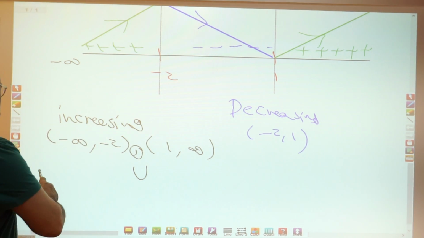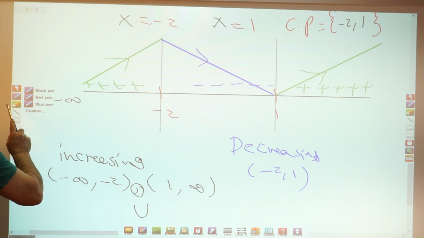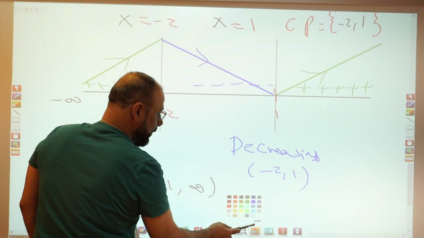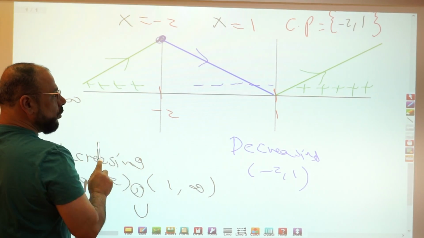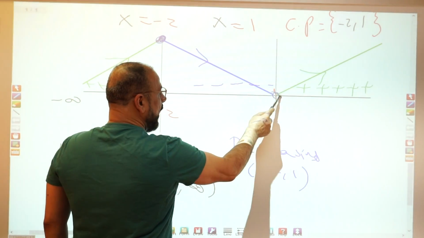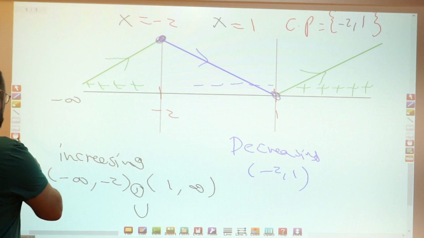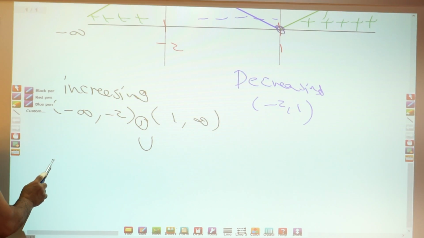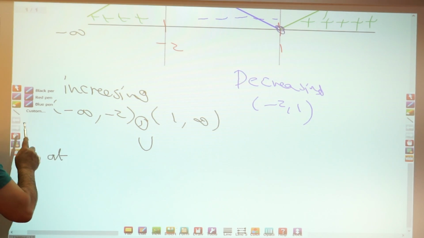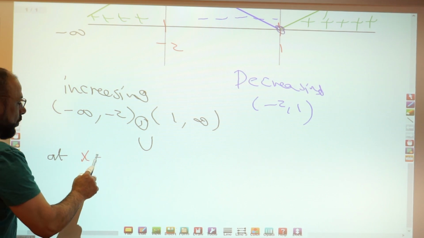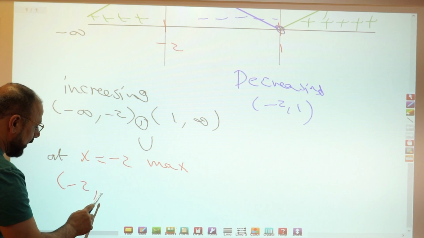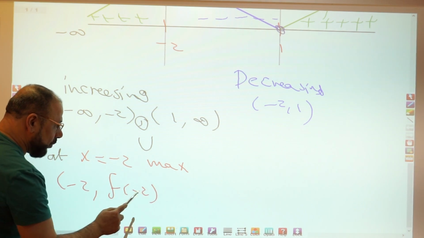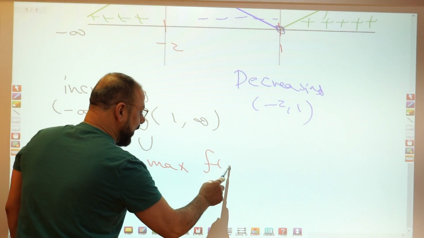Done. Look here, back at the graph, at x equal negative 2 is a maximum, at x equal 1 is a minimum, right? Then at x equal negative 2 maximum, and f of negative 2 is the value of the maximum.